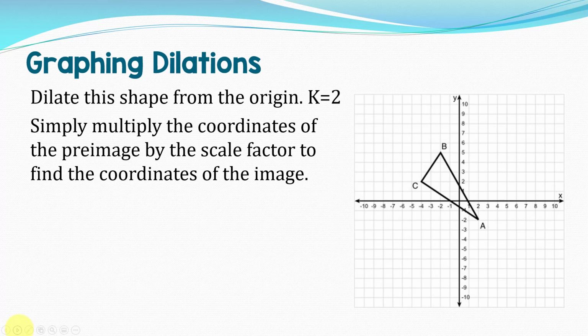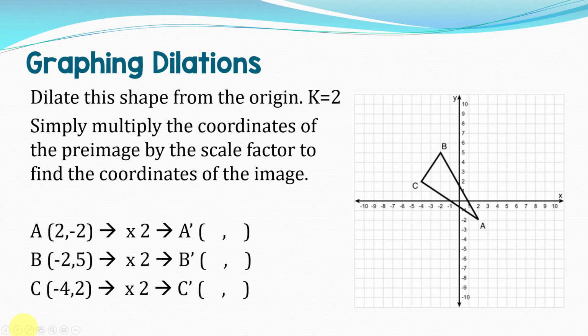So the easiest way to do this is to take the coordinates that are the vertices of each shape and just multiply them by 2. So in this case, we're going to get 4 and negative 4. We're going to get negative 4 and 10. And you're going to get negative 8 and 4. And so these will be the coordinates of the new shape.